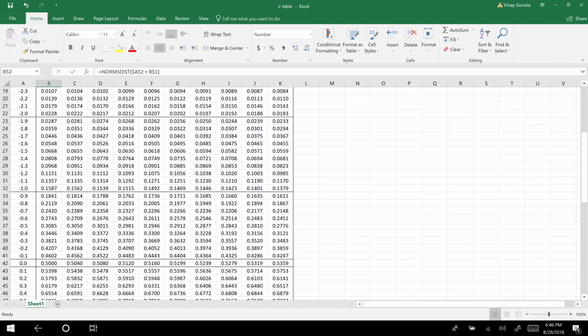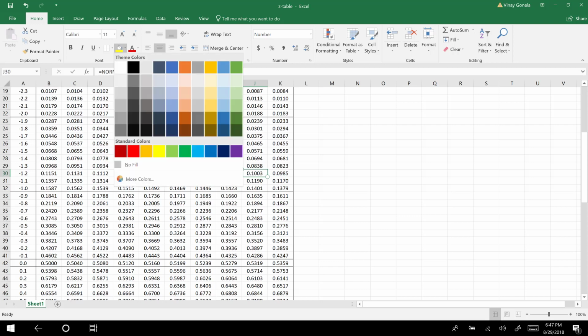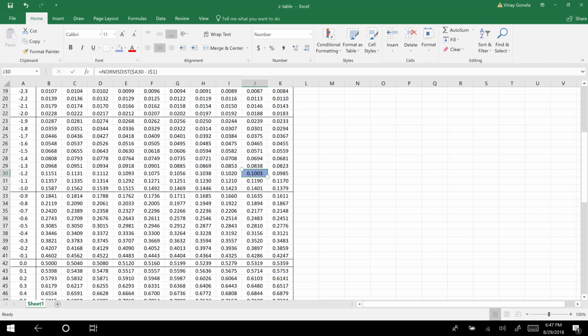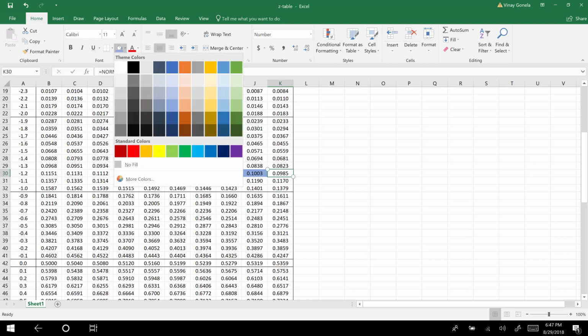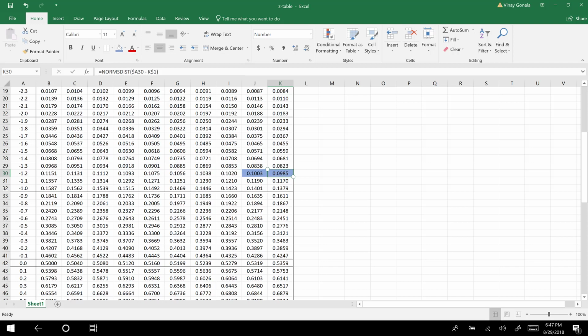So 0.1 will lie somewhere between these two values, which I will highlight with blue.